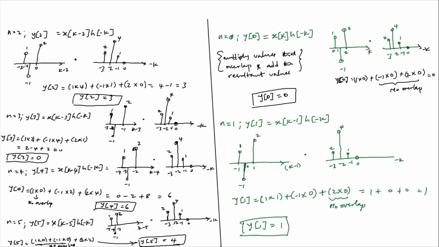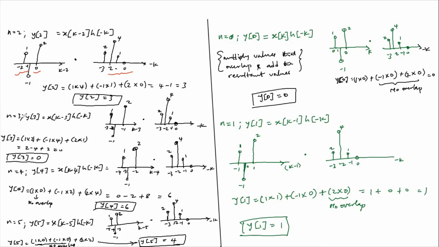At this point, minus 2, minus 1, and 0 coincide exactly. All of these points coincide with these points. So at minus 2, that's 1 times 4, plus at minus 1 times 1, then at 0, 2 times 0. So that'll be 4 minus 1, that's 3.